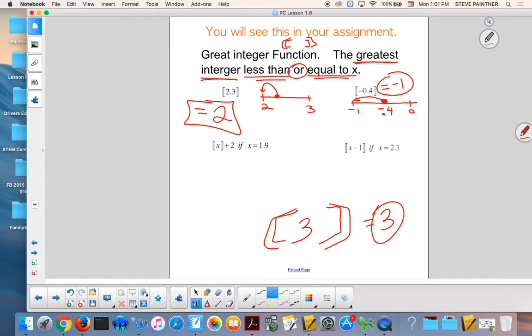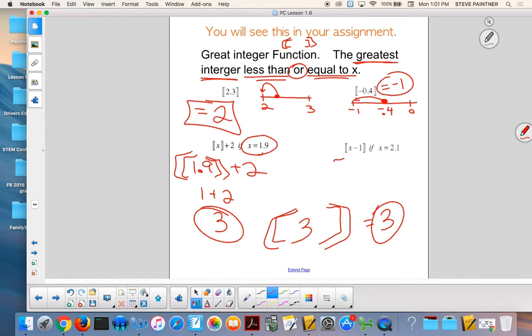So this one says give me the greatest integer function if x is what? 1.9. Well, 1.9 goes in, right? And then you're going to add 2. So what's this going to be? The answer is what here? 1 plus 2 is 3. Okay. Last one.